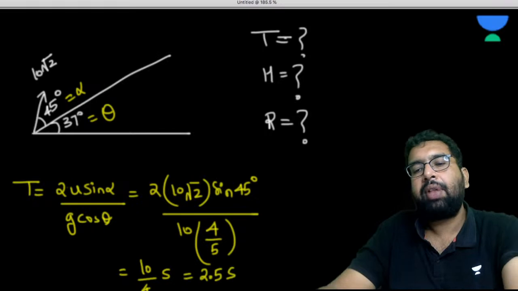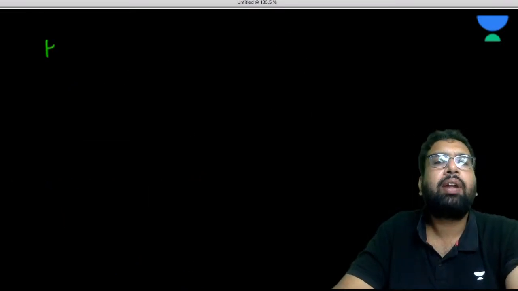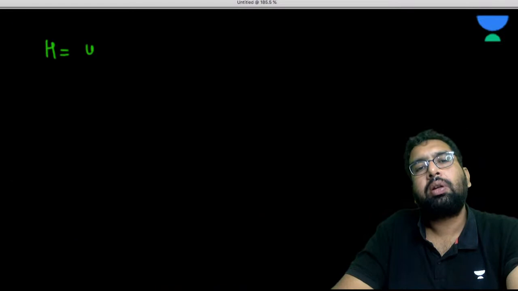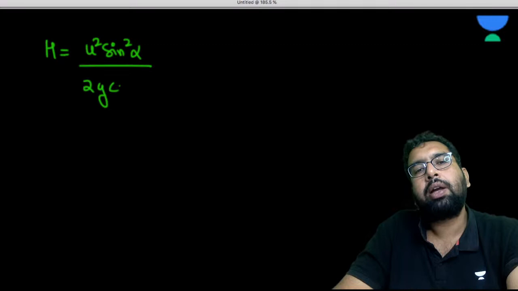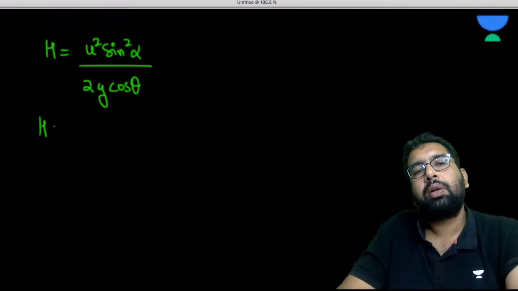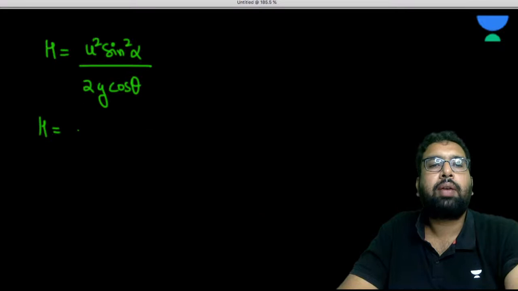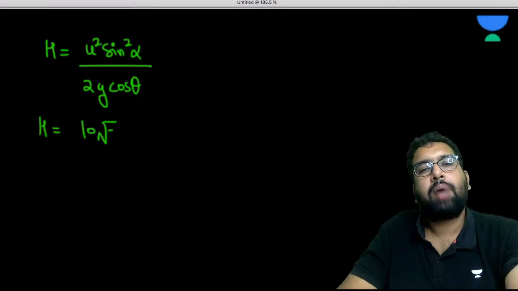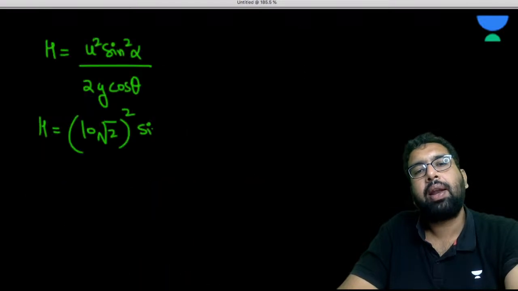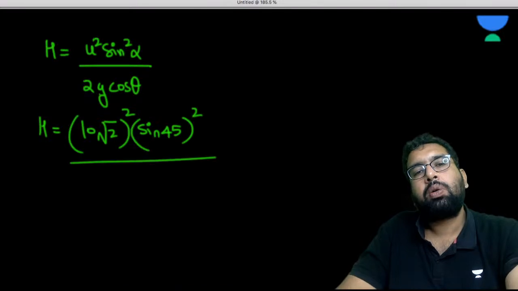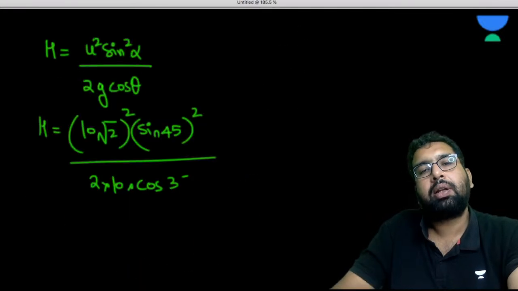Now, similarly, we can have the H. We just have derived it. So H is what? u square sine square alpha upon 2 times g cos theta. So H is going to be u square, that is 10 root 2 square, sine square alpha, that is sine 45 square, upon 2 times g, that is 10, and cos theta, that is cos 37.